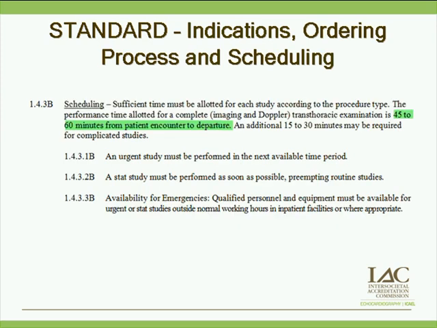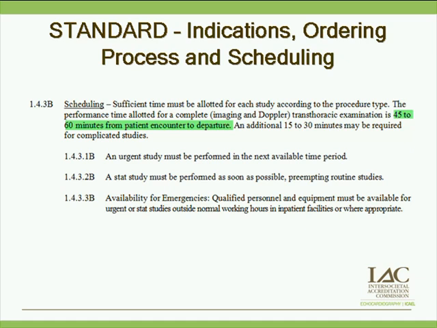Scheduling. Sufficient time must be allotted for each study according to the procedure type. The performance time allotted for a complete study, that's imaging and Doppler, is 45 to 60 minutes from patient encounter to departure. Okay, that does not mean the clock starts when the patient walks into the lobby and reception area of the hospital or walks in the office and says hello to the receptionist.